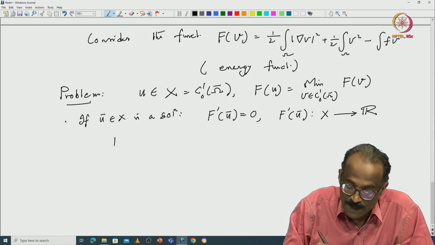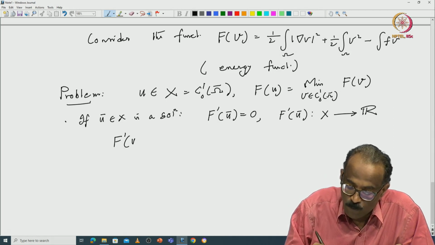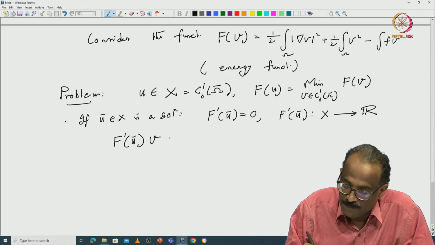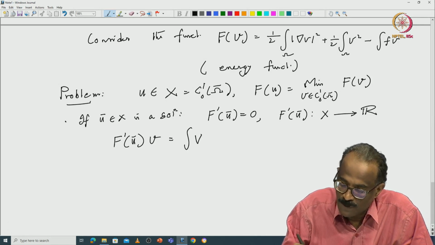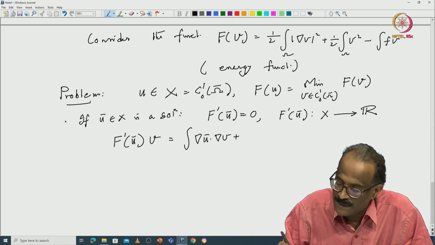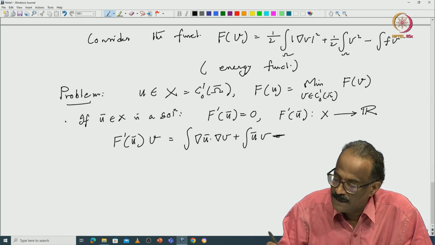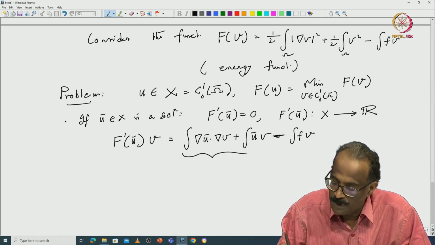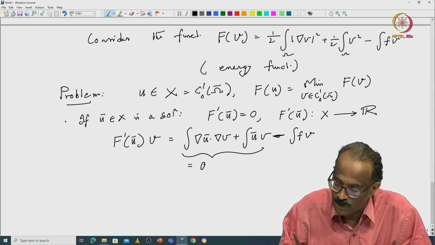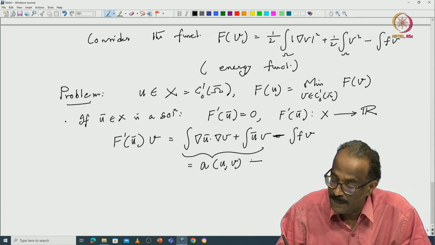You can see that F prime of u bar acting at v should be integral of grad u bar grad v plus integral of u bar v minus integral of f v. I call this A of u, v, because this is the notation I am going to use. This is a bilinear form.